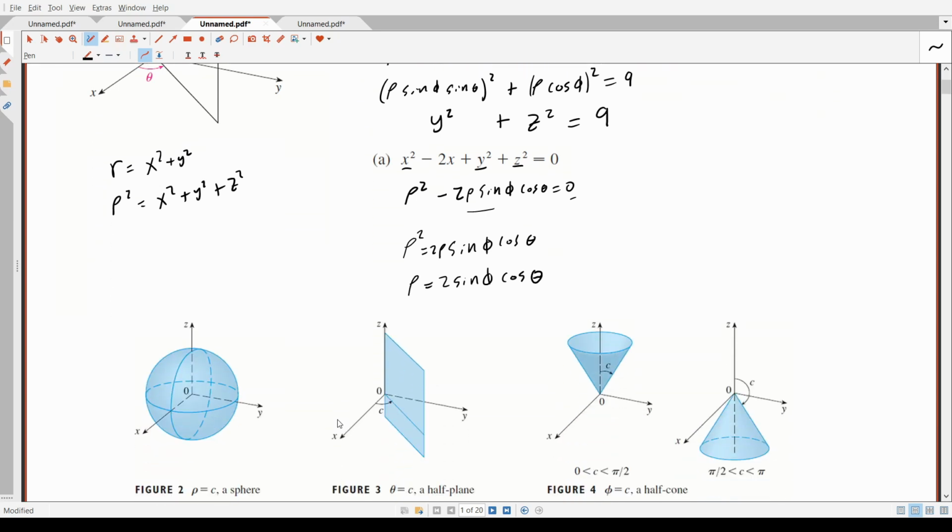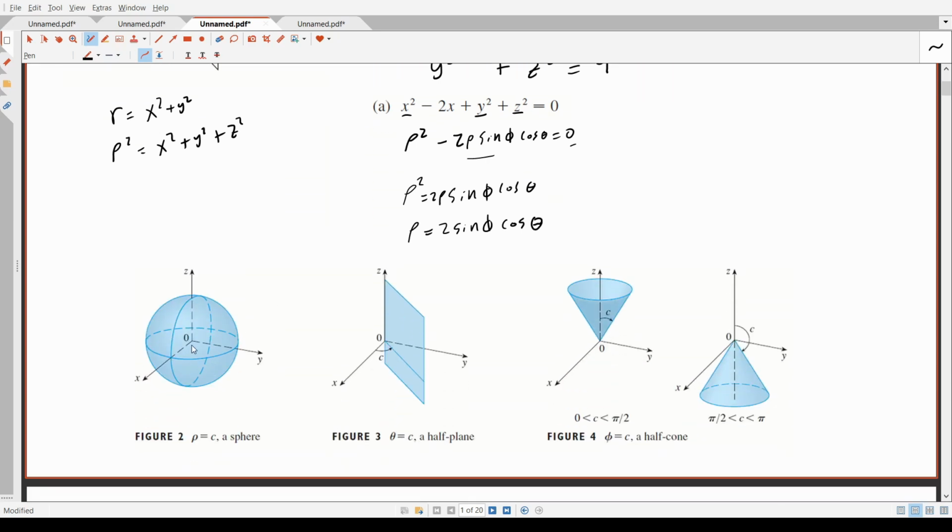But what do these actually mean? In each of these pictures, we imagine what if each of these variables was held constant. In this case, rho is constant. These are all of the points with a constant distance from the origin, which is just going to form a sphere. Theta is the angle from the positive x-axis right here.